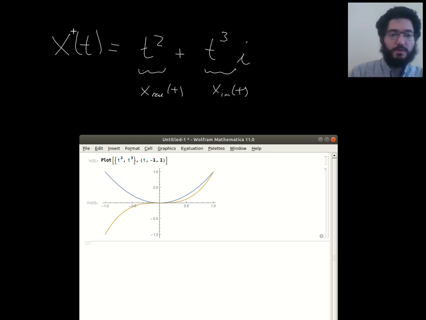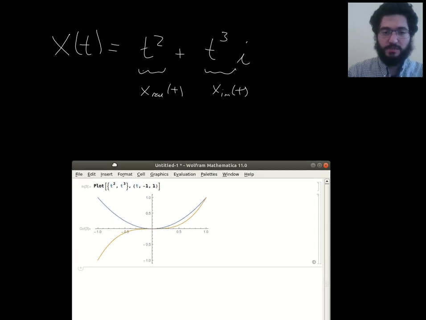So if you want to fully visualize the information contained in x of t as a point in the plane, you need to visualize a function that takes values in the plane rather than values that are just real numbers. There is a way of doing that.